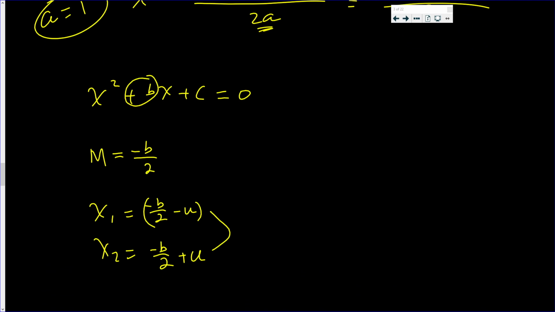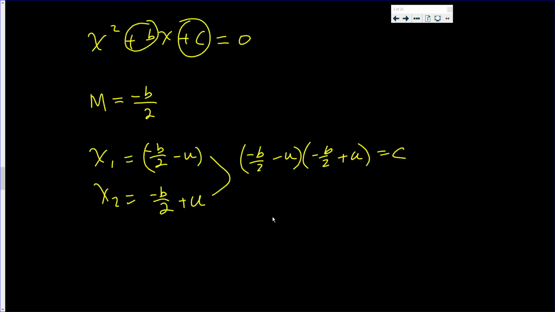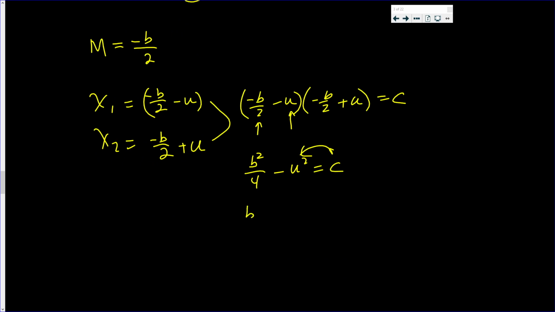And their product, negative b over 2 minus u times negative b over 2 plus u, is going to equal their constant, c. So what we have is this squared, which is b squared over 4, minus that squared, is equal to c. Interchanging these two, you have b squared over 4 minus c is u squared.